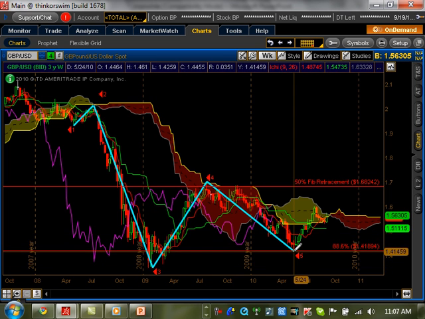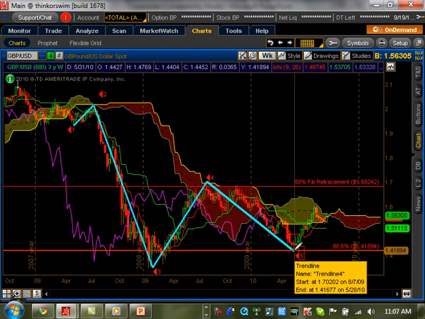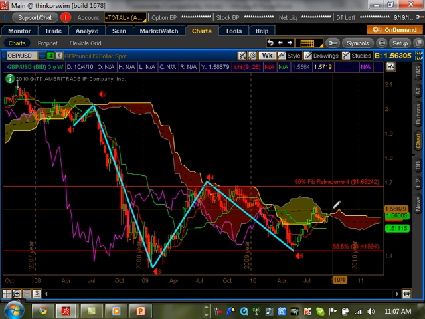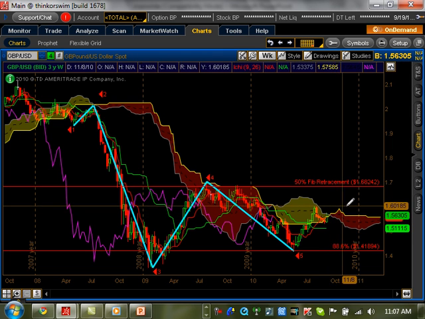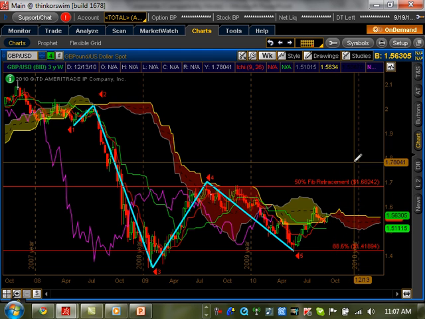So according to Gann, this right here stopped at 88.6% retracement, and that now indicates a possible trend reversal is about to occur. So if that's the case, then the pound, as soon as it breaks out of this level, is going to start either consolidating or going into a bullish trend scenario. So it's going to be interesting to see what happens, but we'll wait and see, and we'll follow up with this video.